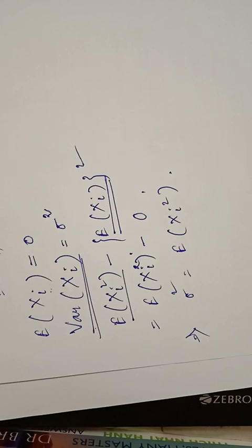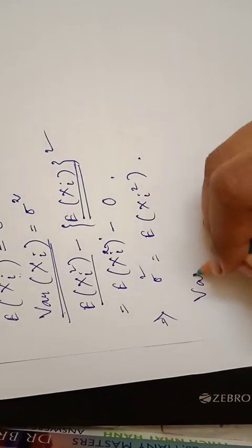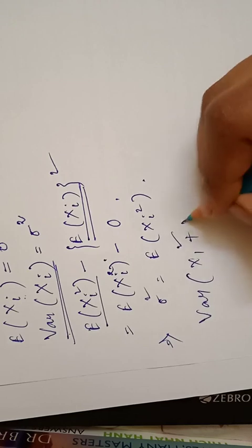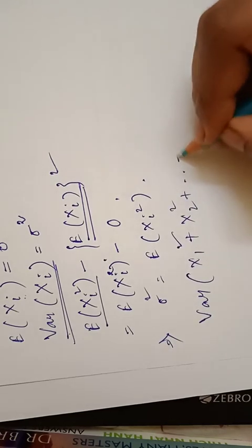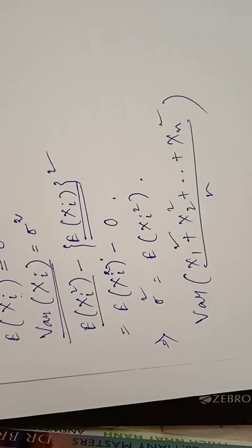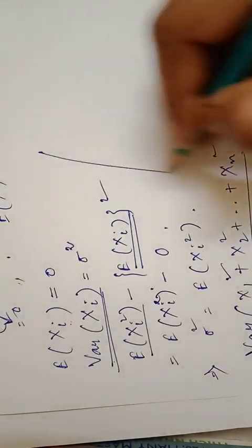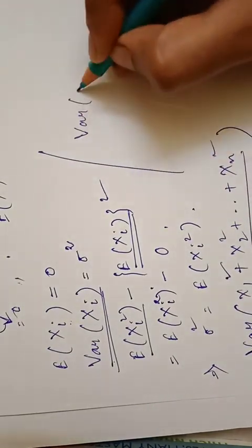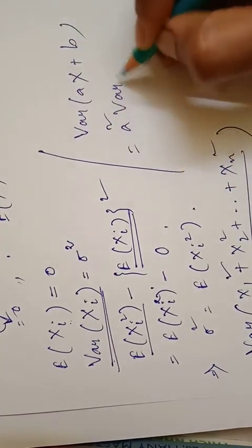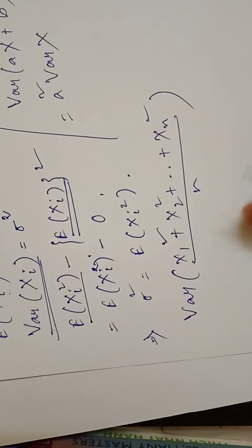Okay. Now it is given all the Xi's are independent. So starting with variance of (X1 square plus X2 square plus ... plus Xn square) by n. Okay, we need to find this value. Now you know one formula, that is variance of aX plus b equals a square variance of X. So we are using it over here.